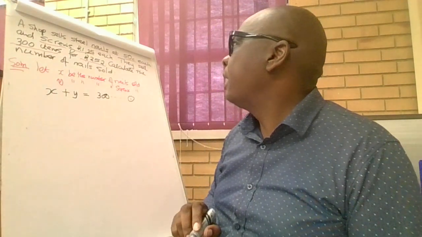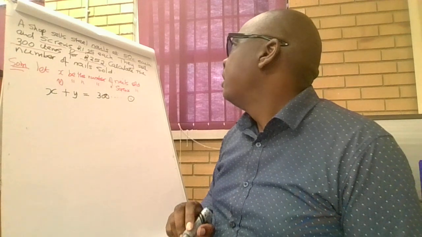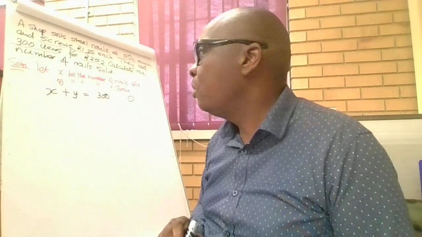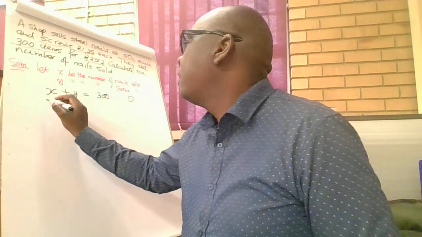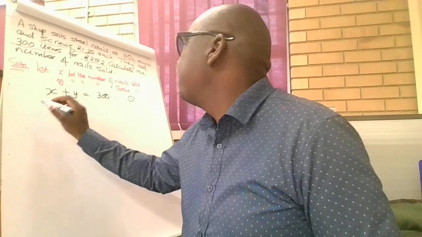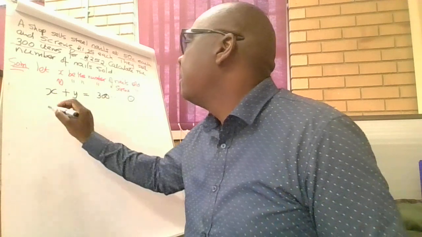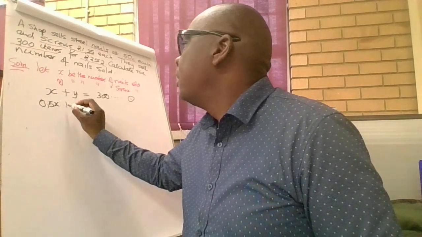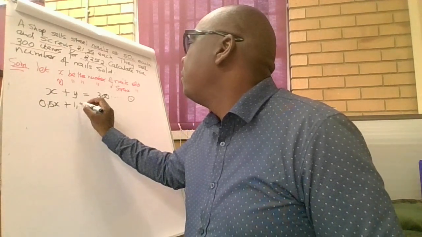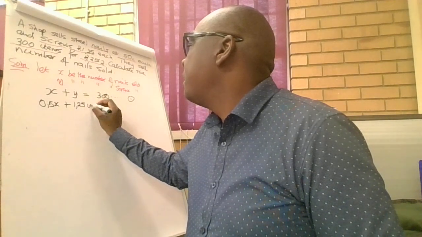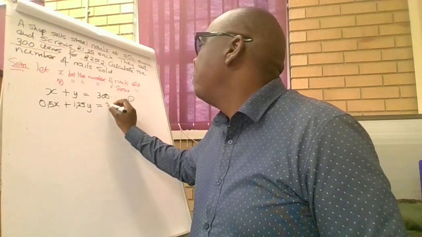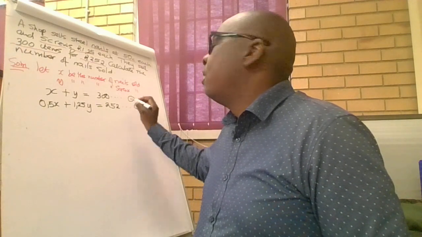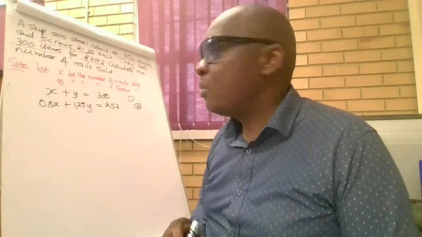Then also I have the price of nails and the price of screws, and the total price is 252. So it follows that if nails cost 50 cents, which is 0.5 of a rand, I have 0.5 times the number of nails plus 1.25 times the number of screws. This should give me 252, which is the total price for both the nails and the screws.